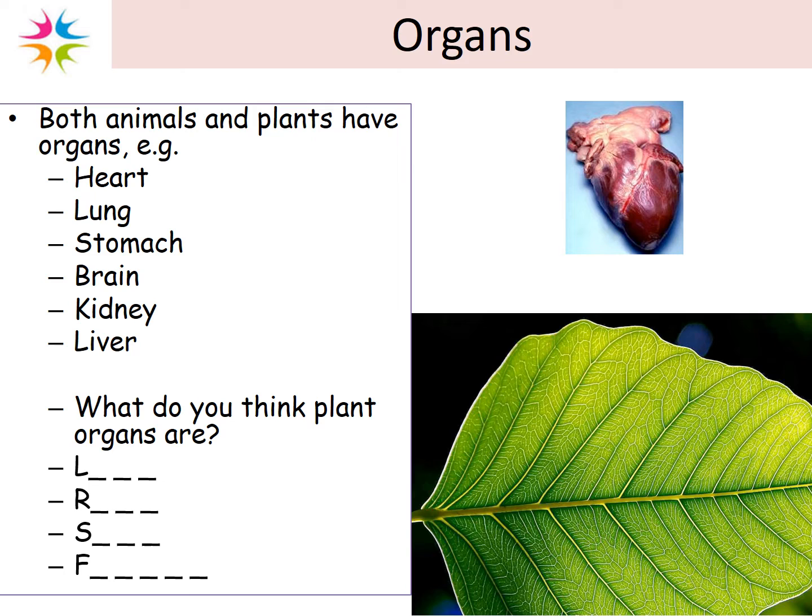Okay, I'm giving you the first letter of each of those organs, and you should be able to guess what they are. You can pause the video now. The number of letters for each of the organs is also shown by the dashes next to the first letters. So try and see if you can work it out. So the first one is the leaf. The second one is root. Third, stem. And the fourth one, flower.